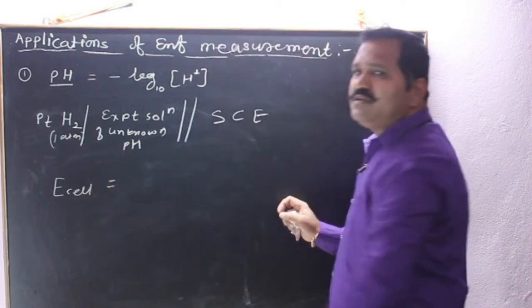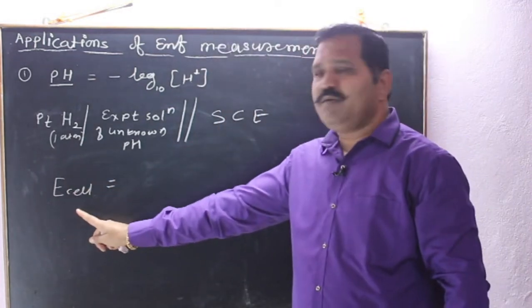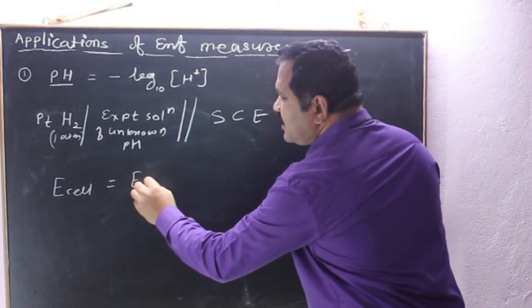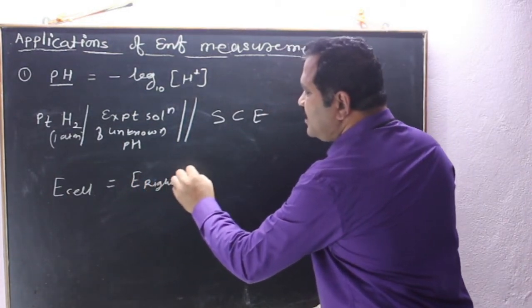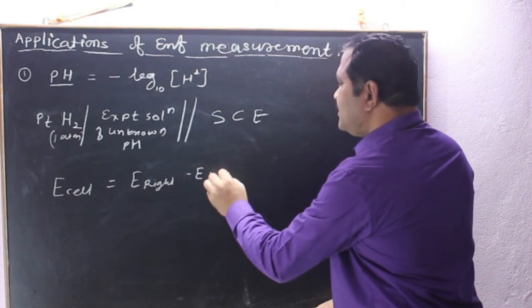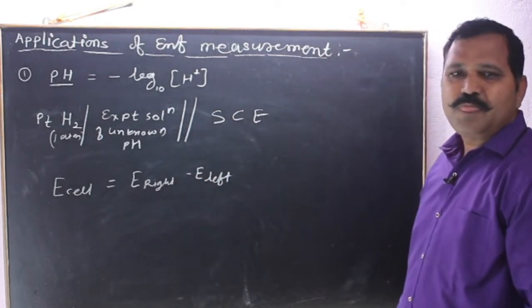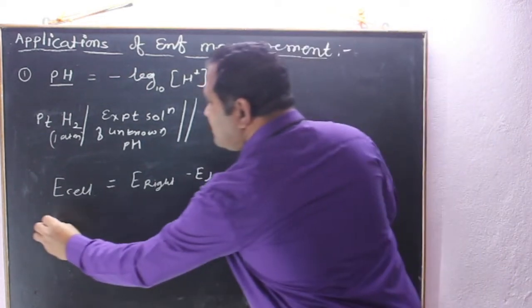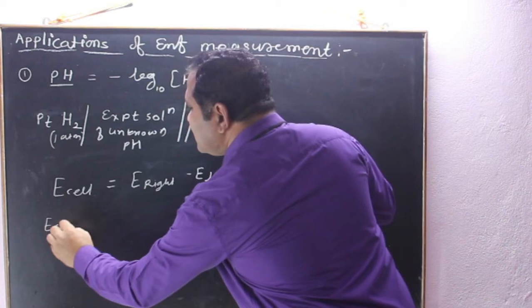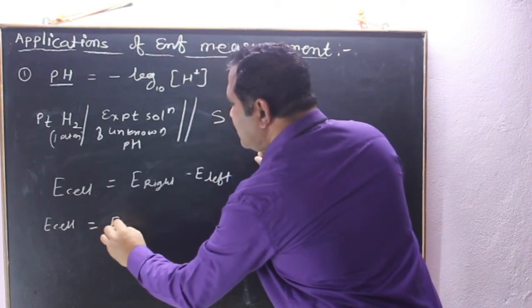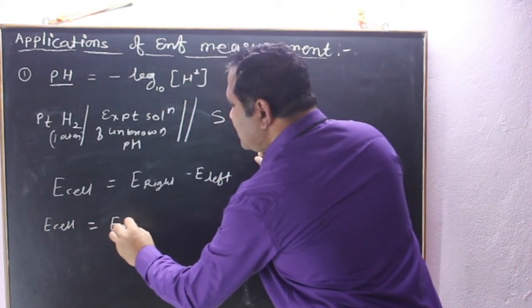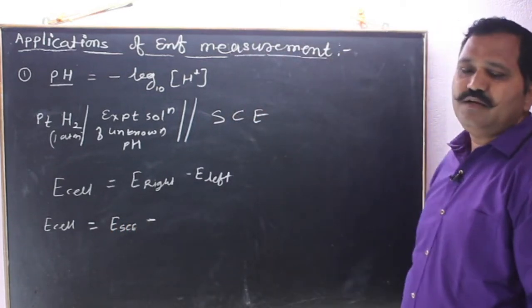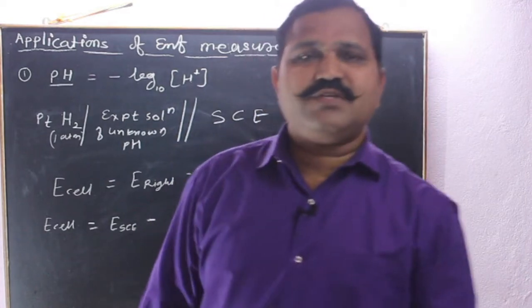the cell potential determined by the pH meter, E cell is equal to E right side minus E left side. Which electrode is at the right side? Calomel electrode. Therefore, E cell is equal to E calomel, saturated calomel electrode, minus E left side. Which electrode is present at the left side?